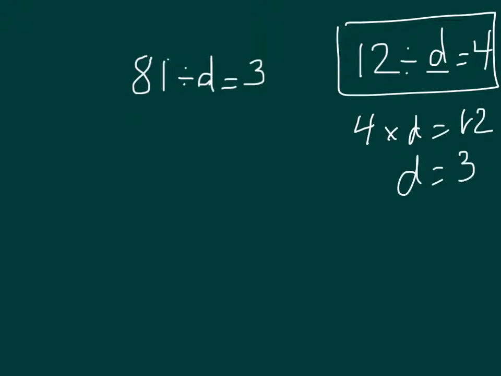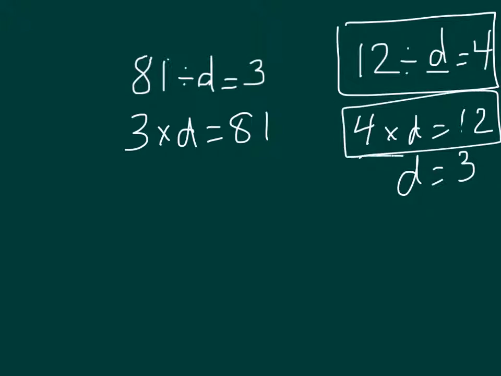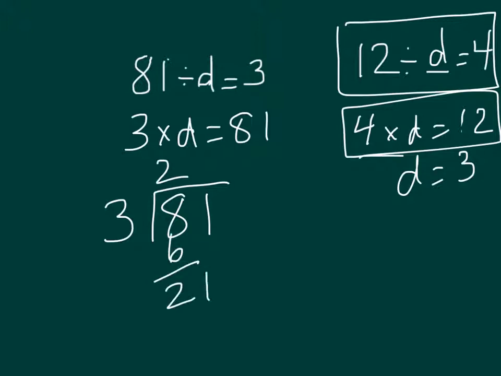So in this case, we're going to set it up the same way, 3 times D equals 81. And this over here is the same thing as saying 12 divided by 4. So this is going to be 81 divided by 3. And I have 27, so D equals 27.